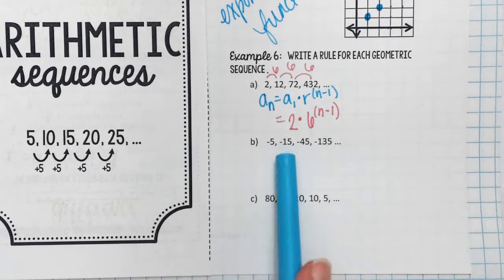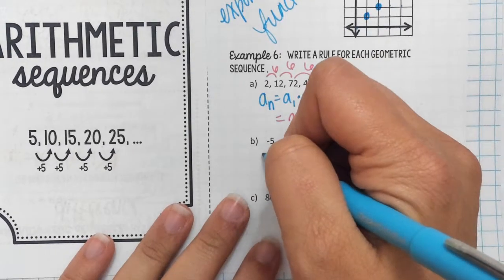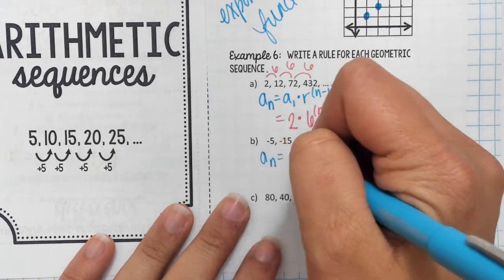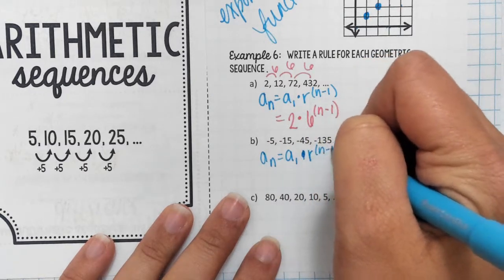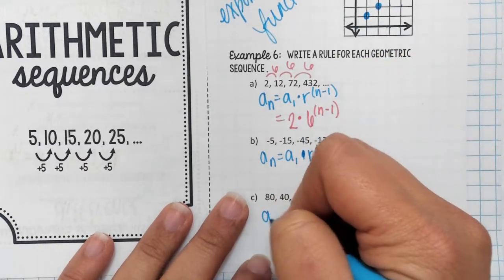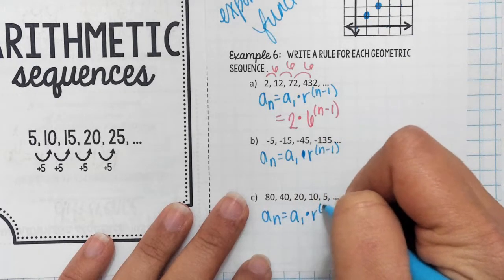Alright, so Ashanti is going to tell us the common ratio for B. Adam is going to tell us the common ratio for C. So start working those out. We're going to write the rule together, but I want you to figure out the pattern. He said he's doing the common ratio.